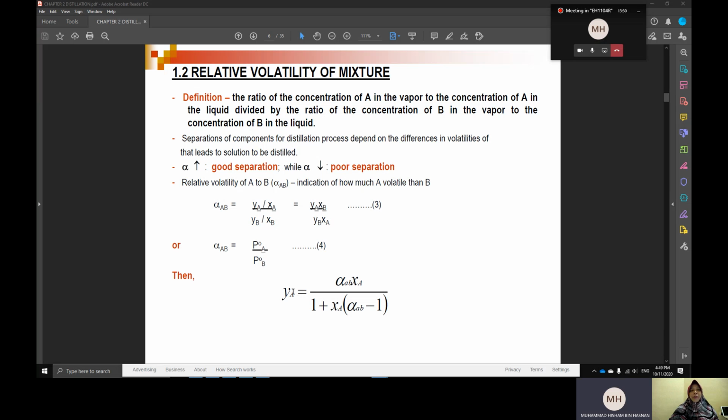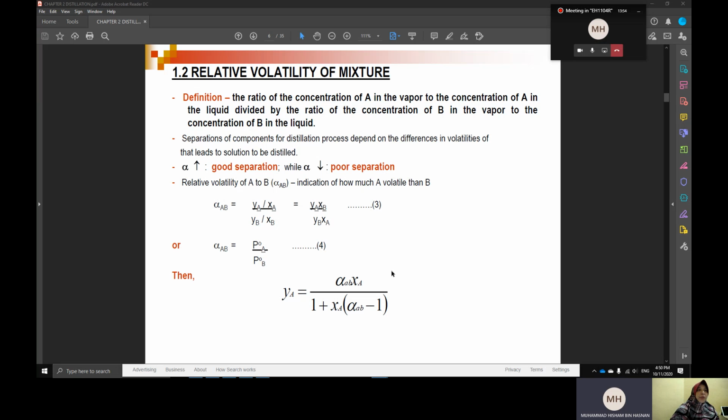So you can solve for the concentration of vapor for component A. So this is what we call the concentration of vapor A in terms of alpha and x. That is what it means.